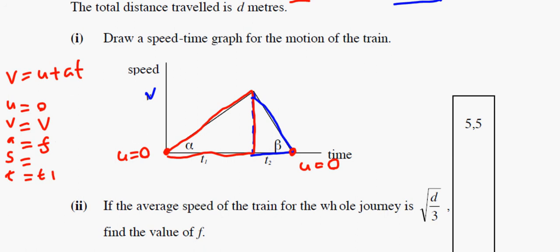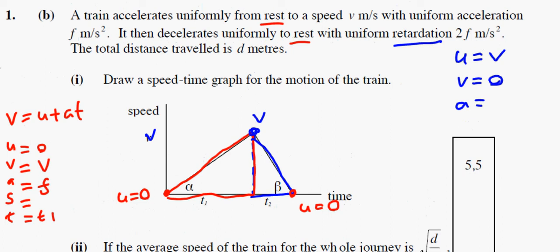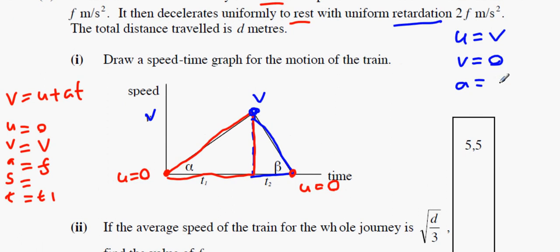For the deceleration, we could always say that u equals v, because remember, it starts off at v. v equals 0, because it travels down and ends at 0. a equals, now the acceleration here is a retardation of 2f, so it's going to be minus 2f, the deceleration, okay. s equals we don't know, and t equals t2.